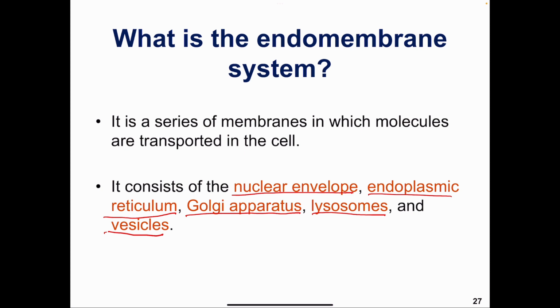I already showed you how the nuclear envelope extends to become the endoplasmic reticulum, okay? But know that the endoplasmic reticulum itself is going to expand to become the Golgi apparatus, okay? And from the Golgi apparatus, you have lysosomes that are going to form, and vesicles that form from the endoplasmic reticulum and from the Golgi apparatus.